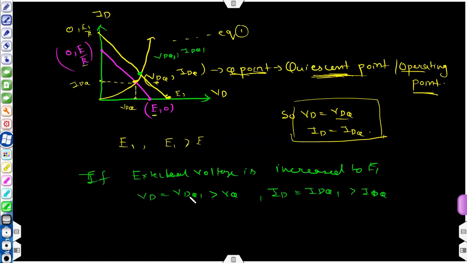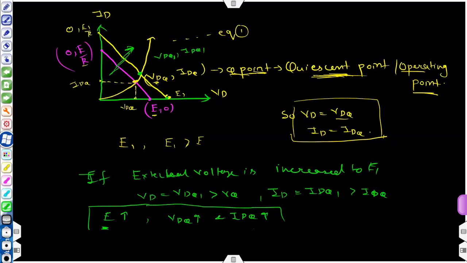This operating point depends on two factors. First is E. If you increase E, the curve will shift in this direction, slightly upward. So if the external supply voltage increases, VDQ increases and IDQ increases. This was the observation.